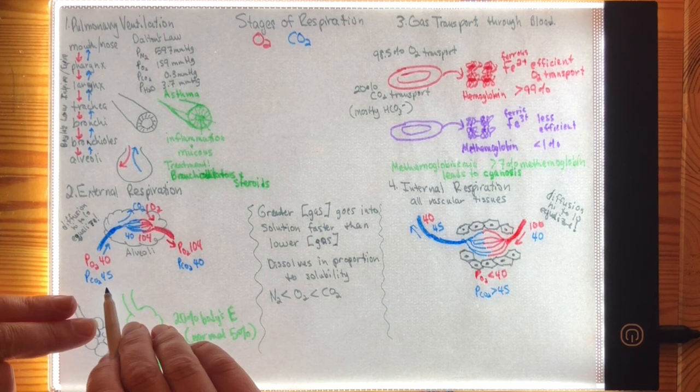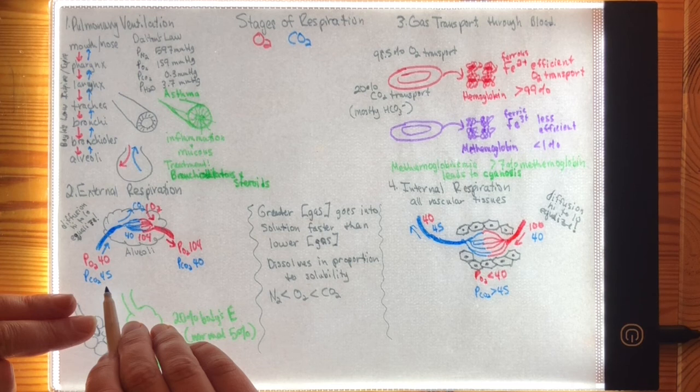So the partial pressure of oxygen goes down to 40 in the blood because we have oxygen leaving the blood and entering the interstitial fluid, therefore entering the cells. And the partial pressure of carbon dioxide in the blood as we leave this tissue is actually going to go up, because that is reflective of the interstitial fluid that was left behind by these highly metabolic cells that are taking up lots of oxygen and leaving off lots of carbon dioxide.